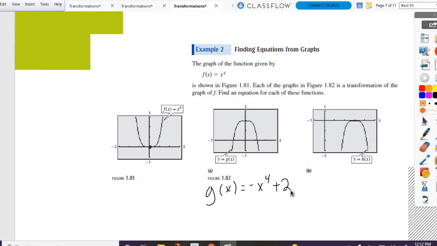So then, what's happening to our next one? H of x is what they label it as. It's also been reflected vertically, so we're going to need to add a negative. But then what else has happened? It's been shifted to the right 3 times. So how would I write that?